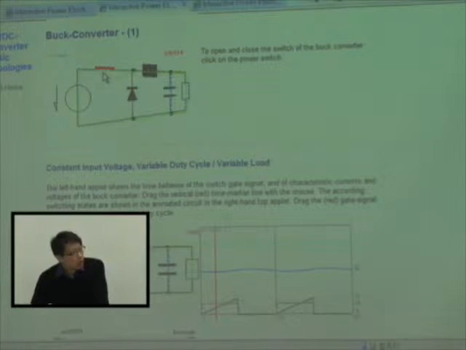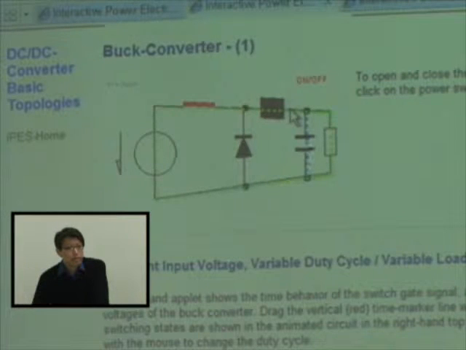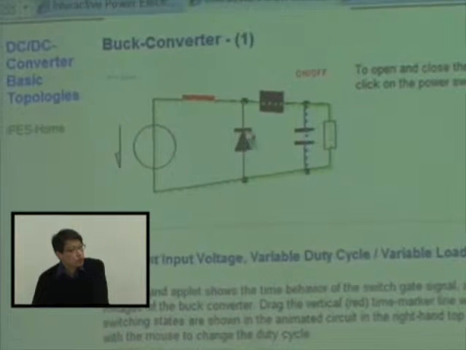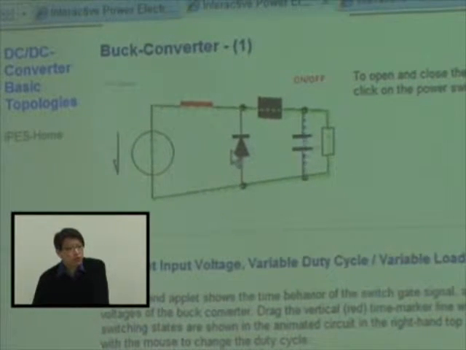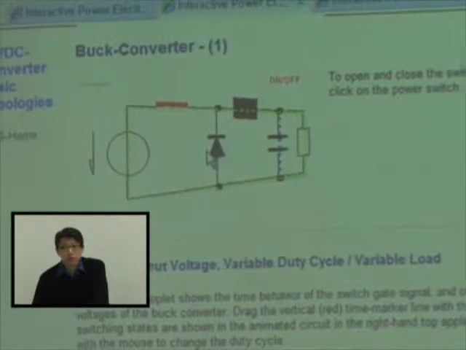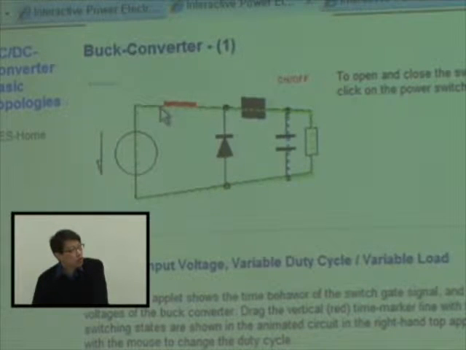So now you see this green colored dotted line. What does it show? It shows the current flowing path. When I close this switch, what happens to this diode? The diode is reverse biased, so the diode is turned off. So the current flows through this.